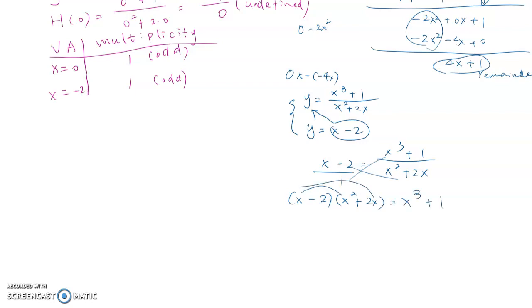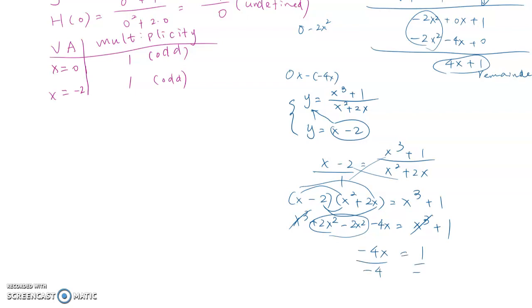Now cross multiply. We have x minus 2 times x squared plus 2x equals x cubed plus 1. Distribute. So x cubed plus 2x squared minus 2x squared minus 4x equals x cubed plus 1. Combine like terms over here, that's a 0. Cancel out the x cubed term, you have negative 4x on the left side, 1 on the right side.